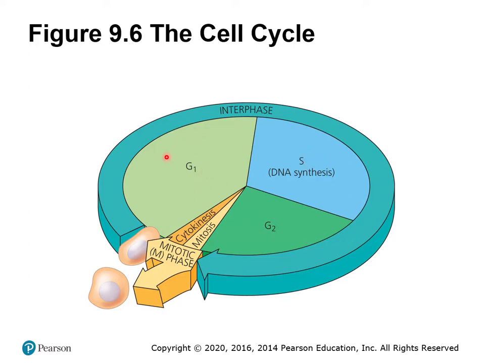This first phase, G1, is where you start getting replication of organelles and things that you're going to need to make 2 cells. So you have to make more of what each cell needs so that you can make 2 complete cells. During S phase, this is where we replicate the DNA.